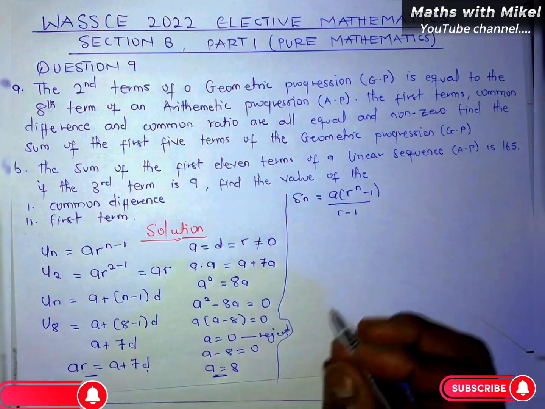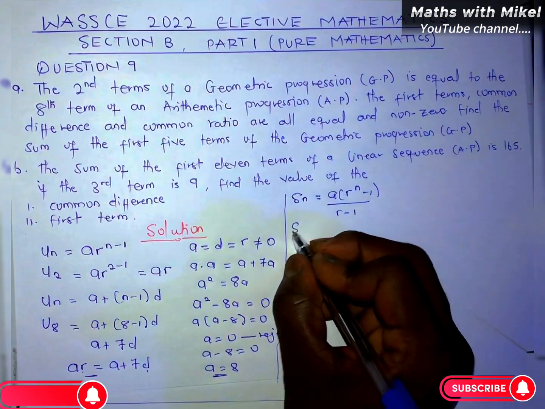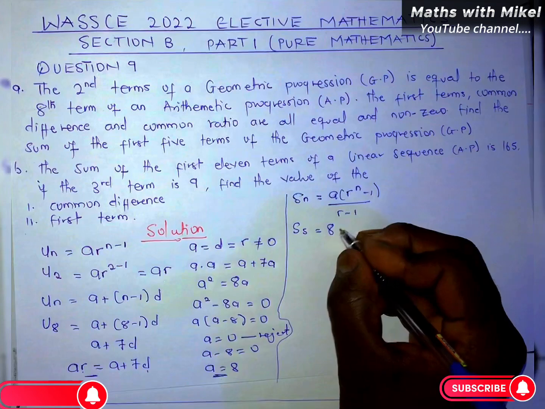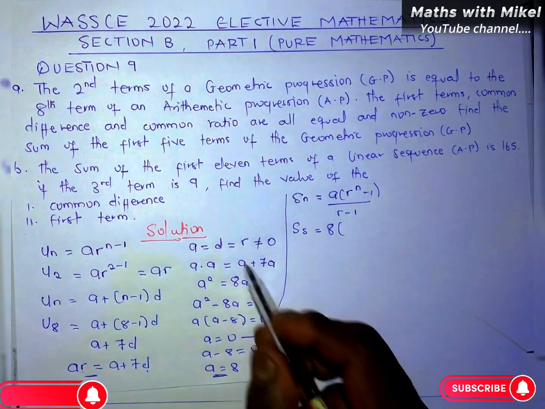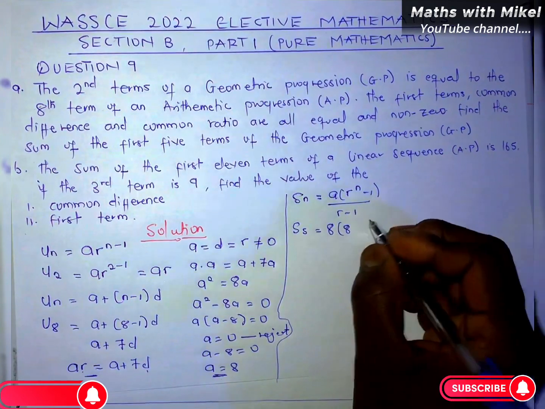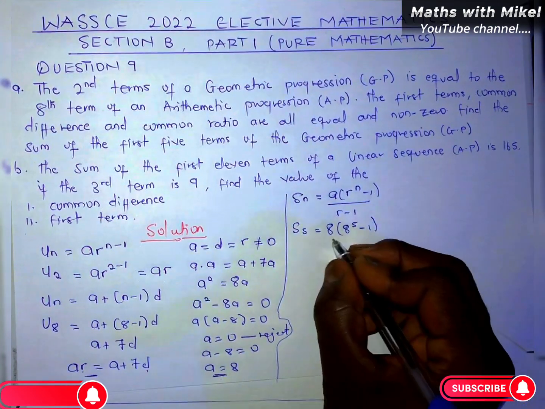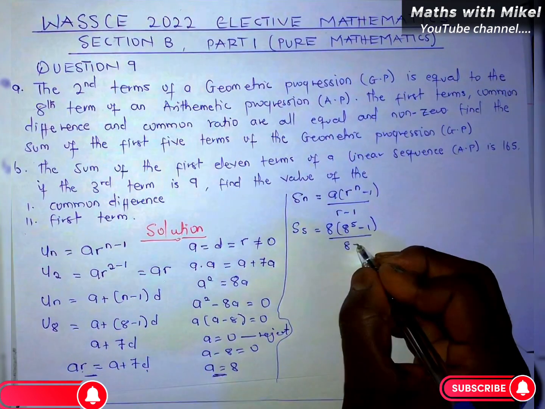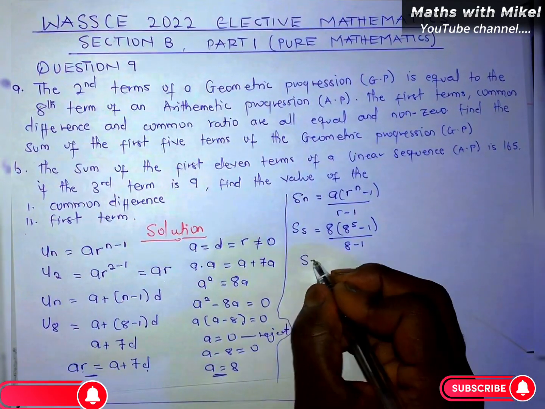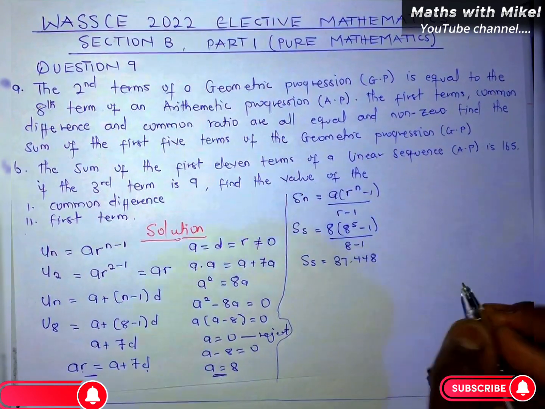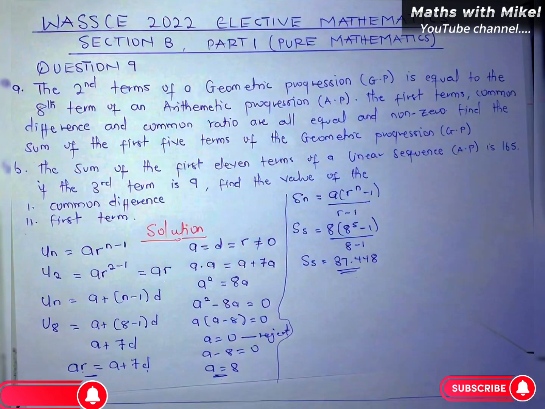So S5 is going to be a, which is 8, so 8 into brackets, common ratio r is also equal to a, so 8 exponent 5 minus 1, all over 8 minus 1. So if you punch everything here on the calculator carefully, you are going to get 37.448 as our answer for the sum of the first 5 terms of the GP. So that answers the A part of the question.